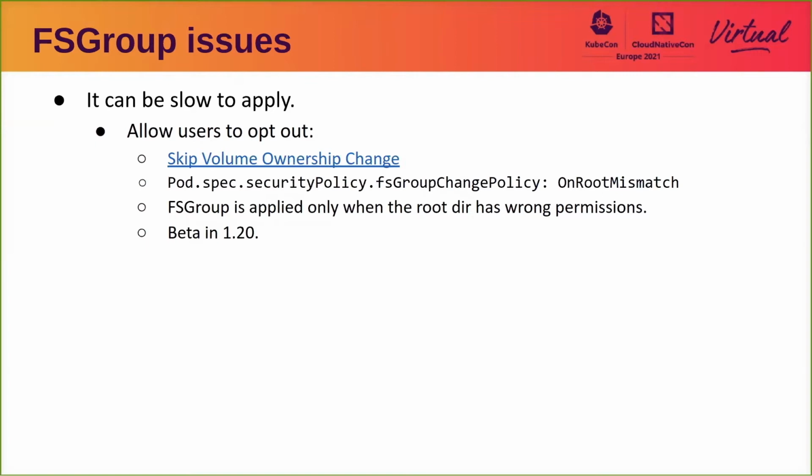And ideally, the FSGroup will be applied only the first time the pod starts to get the right permissions. And the other starts will be fast without any FSGroup change. I won't dive into details here. You can check the linked documentation. Important is, again, this doesn't introduce any change in CSI.